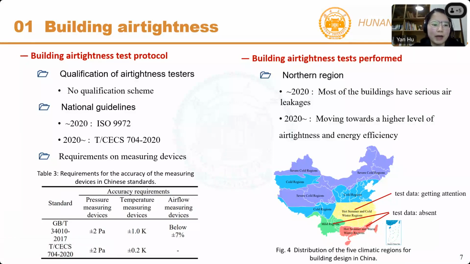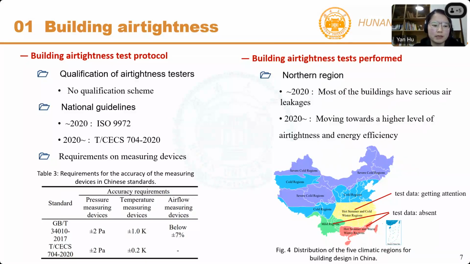Because the current regulations and the standards in China do not impose mandatory requirements for airtightness tests after constructing new building, the actual percentage of buildings tested in China is unknown so far. Airtightness surveys have been organized at the government level, mainly in the northern region.